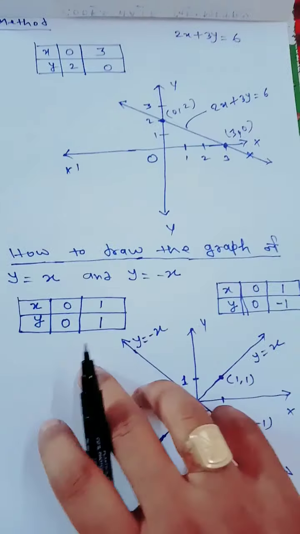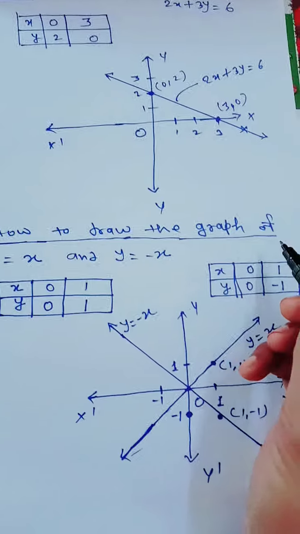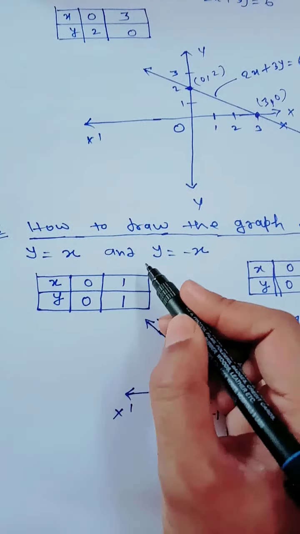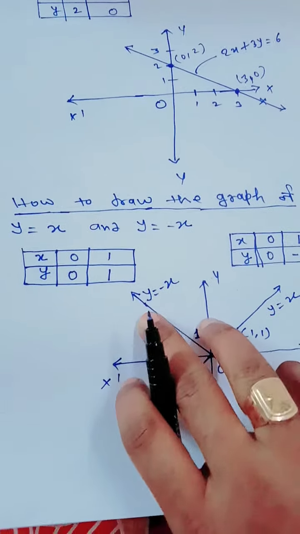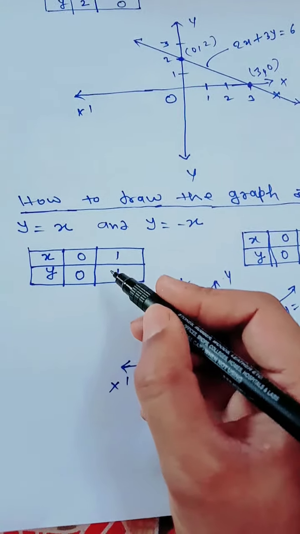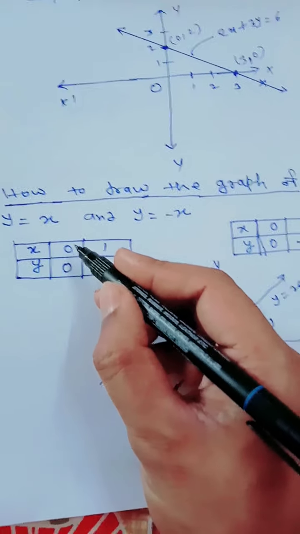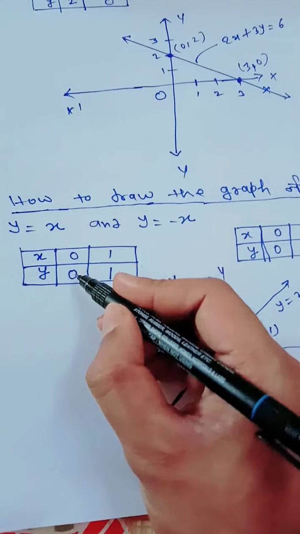Now I will take a typical example: how to draw the graph of y equal to x and y equal to minus x. Suppose we have to draw the graph of y equal to x. If you take x equal to 0, you will get y equal to 0. If you take y equal to 0, you will get x equal to 0.